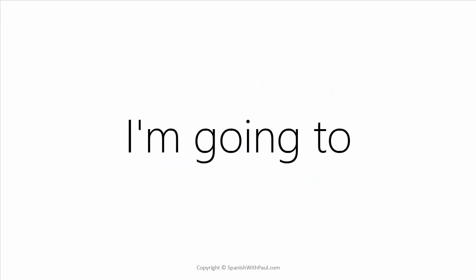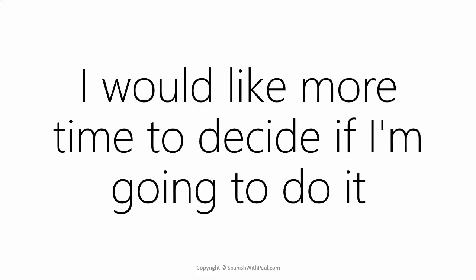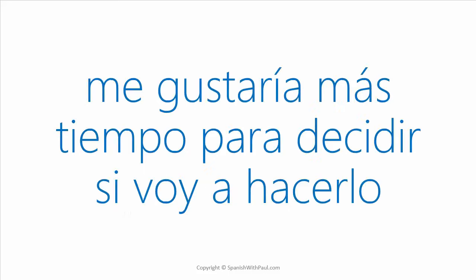How do you say I'm going to? Voy a. Now say, I would like more time to decide if I'm going to do it. Me gustaría más tiempo para decidir si voy a hacerlo.